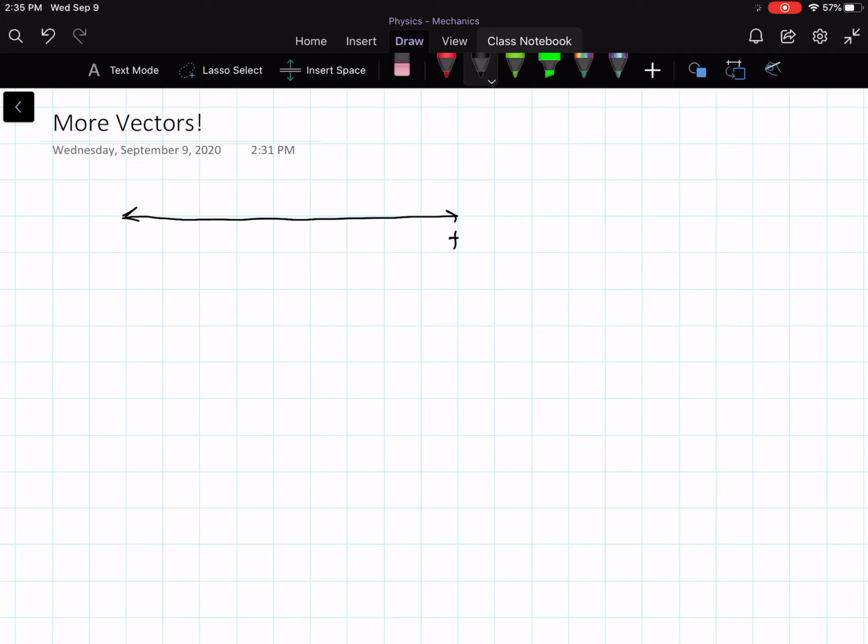If this is plus and this is minus and this is the origin, then a position on here would just be, say, right there, and it would be positive, positive 2 meters or something like that. So positions in one dimension are really simple, all right?